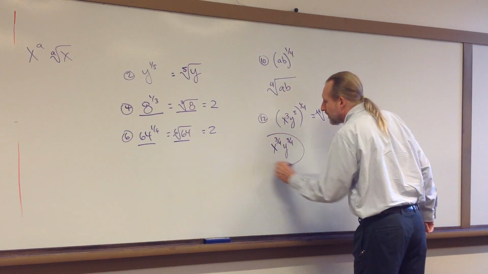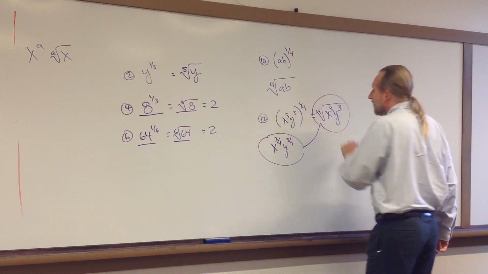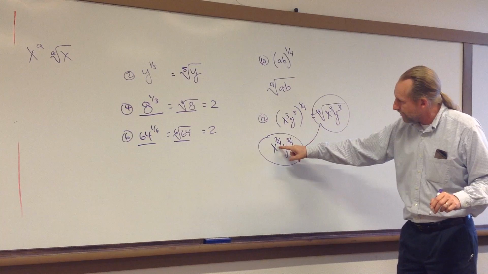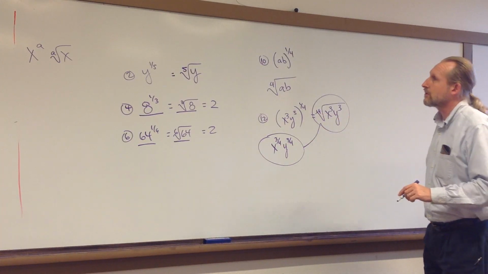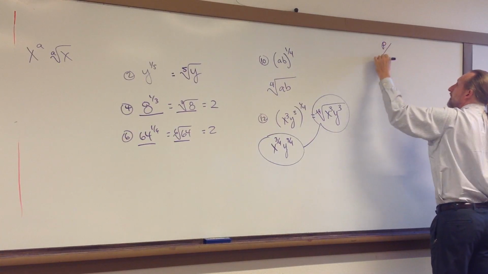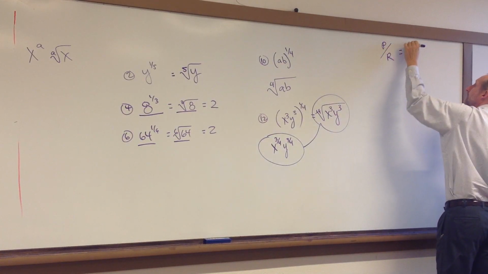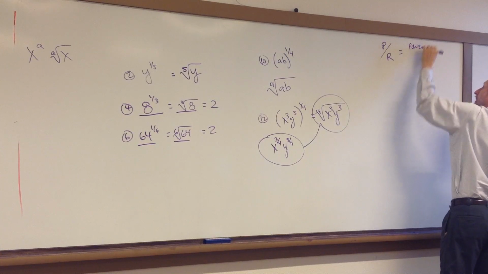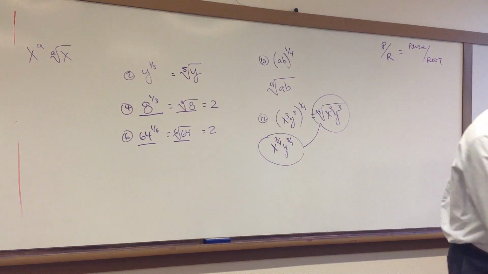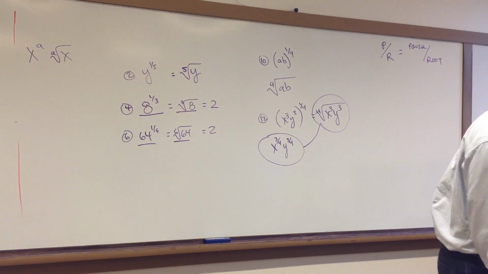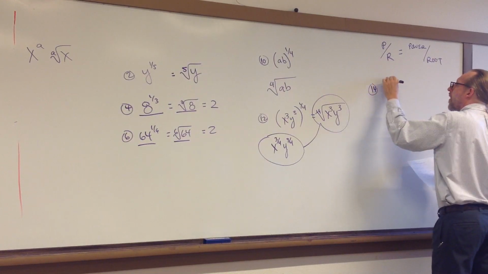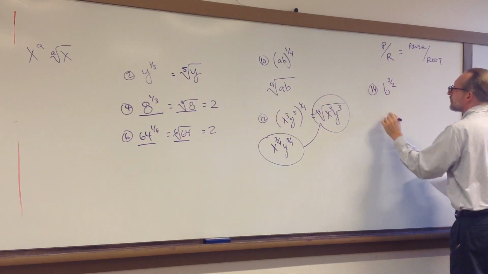Now, when you go from here to here, notice how the 3's are the exponents and the 4's make the root. And so this notation, I frequently write it like this, P over R, where P is the power, R is the root. So, when we get to problem 14, B to the 3/2 power. Okay, so the root is 2.